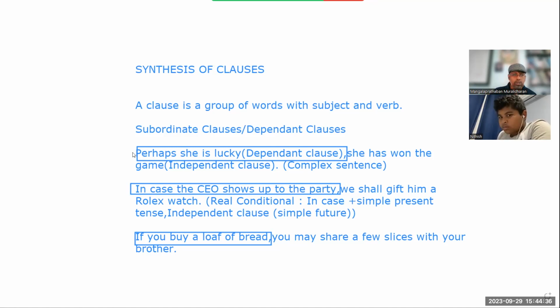All these three are called subordinate clauses or dependent clauses. Why do we call them dependent? They depend on another clause to give complete meaning, right? They can't give you a complete meaning on their own. Hence, we call it a dependent clause.